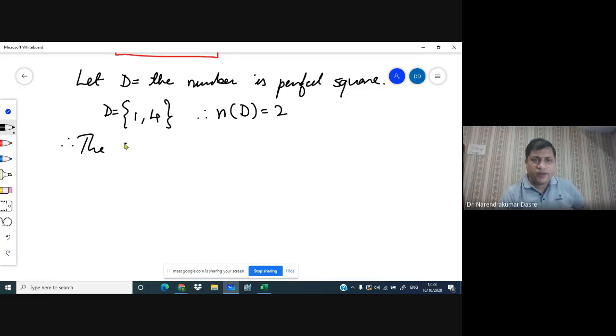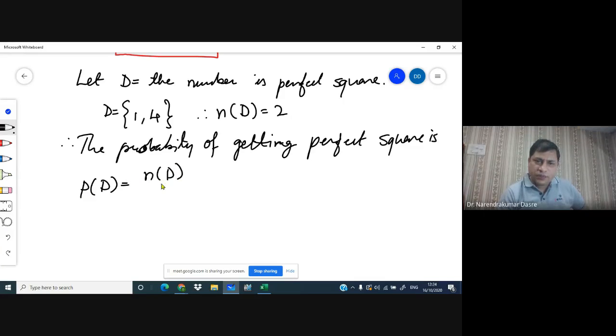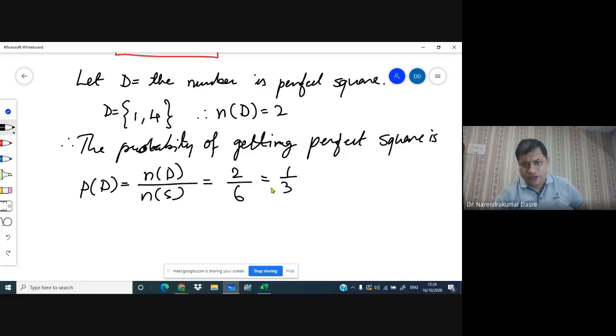And hence we can write the probability of getting a perfect square. So probability of D is equal to the number of sample points in D upon the number of sample points in S. So this is 1 by 3.